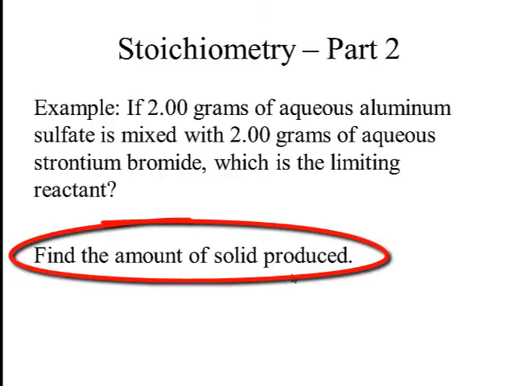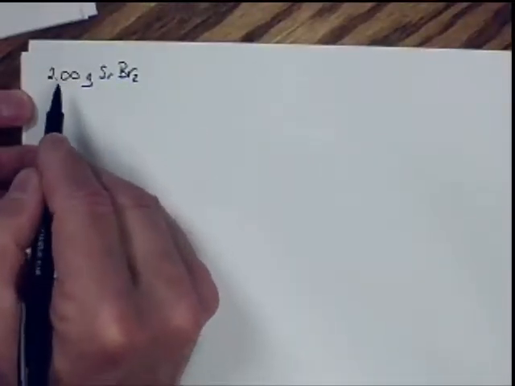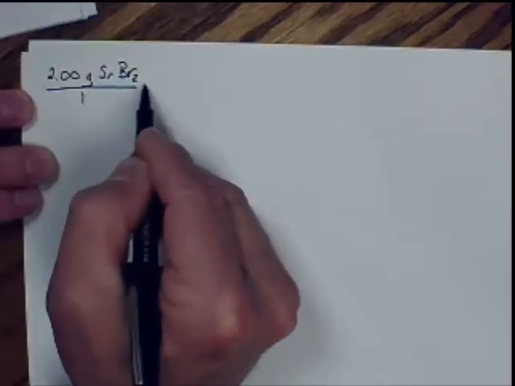We're going to start with that same 2 grams of strontium bromide. That's the limiting reactant. The species here, strontium bromide, is the limiting reactant, and the amount of limiting reactant we are starting with is 2 grams. Put that over 1.